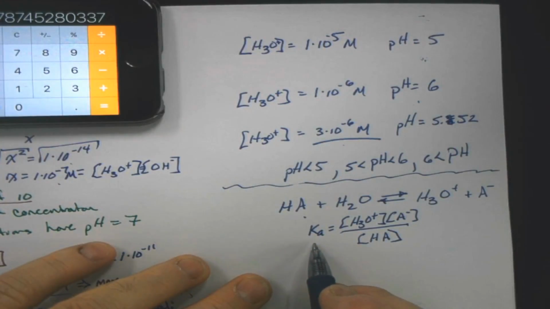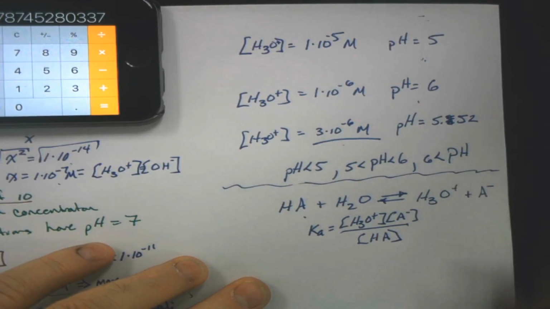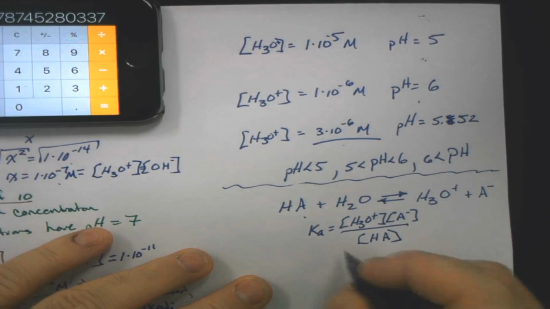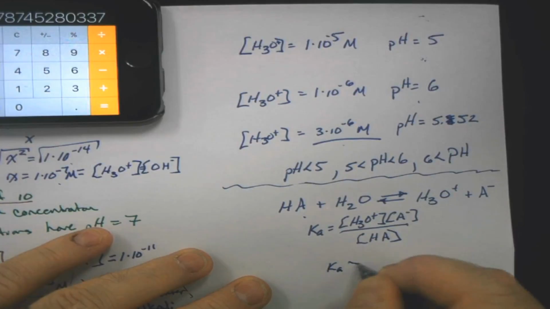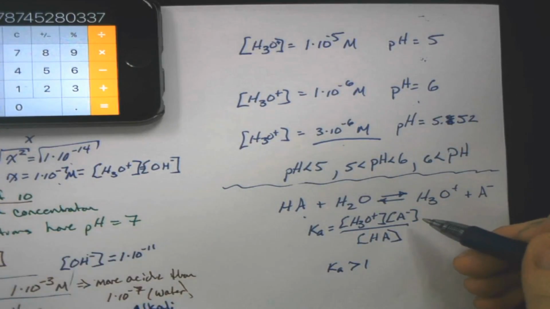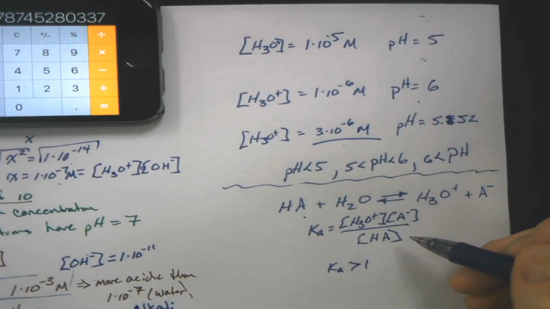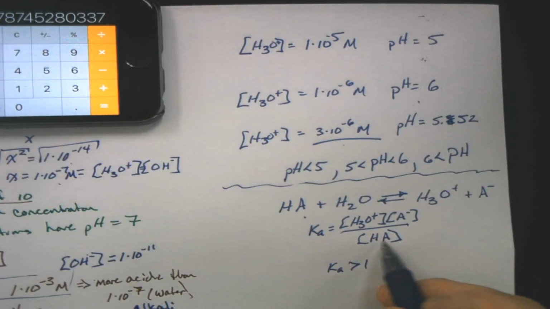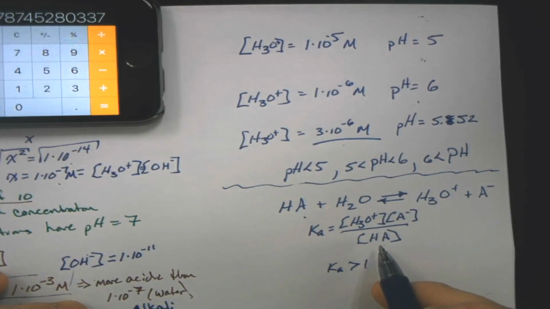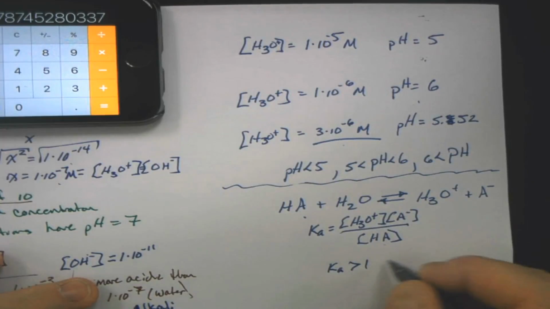Ka, though, can vary, and we can have different values of it. If you have a Ka greater than 1, that means our numerator values are larger than our denominator values. And so more of our acid has dissociated than not, which means it is a stronger acid.